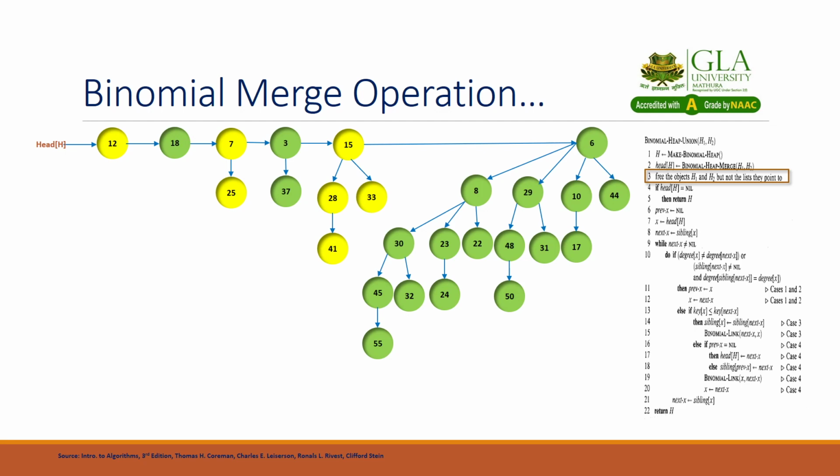Now you will ask, what is the drawback? Why can we not say it is a binomial heap? Because a binomial heap always consists of a binomial tree of a specific order only one time. It means we cannot have binomial trees of the same order more than once. There must be only one binomial tree of a specific order.